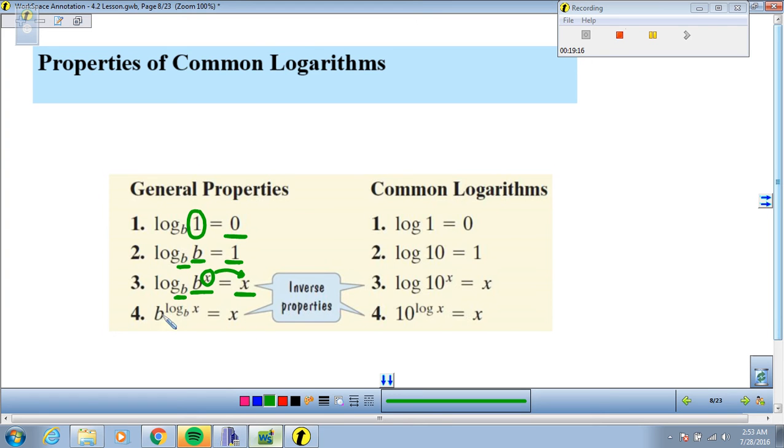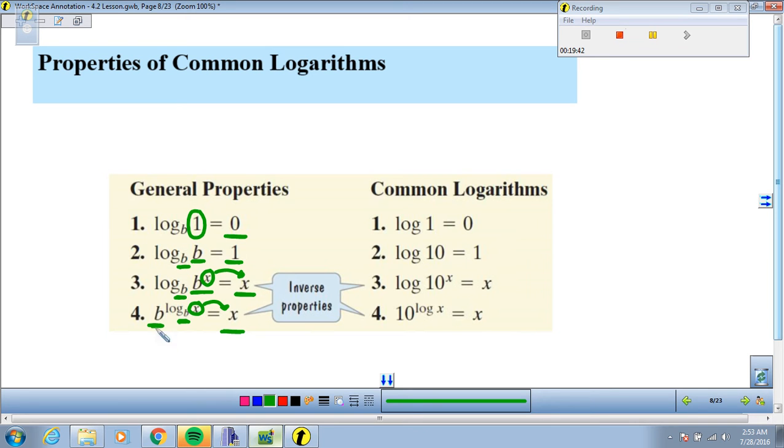And then on number 4, it says when you have b raised to a logarithm, but this b is the same as the little b on the base, the answer is just going to be this x right here.